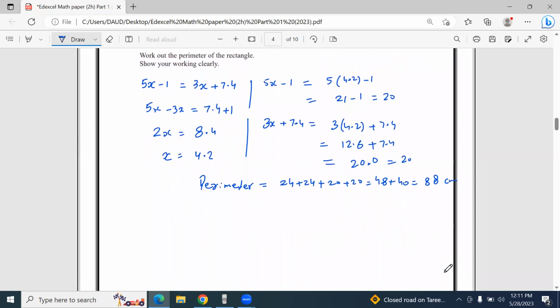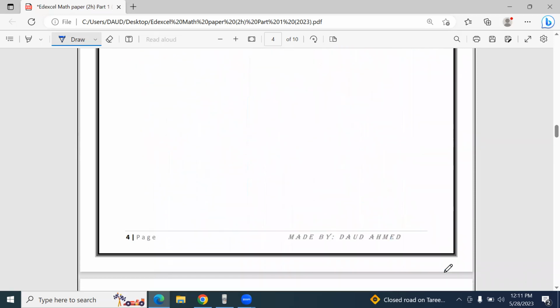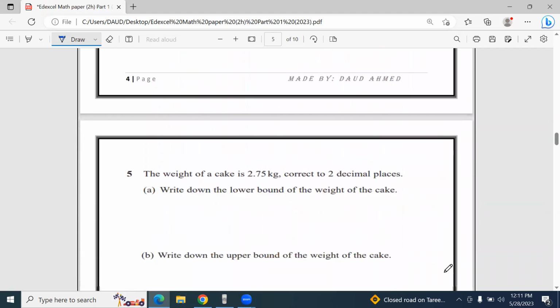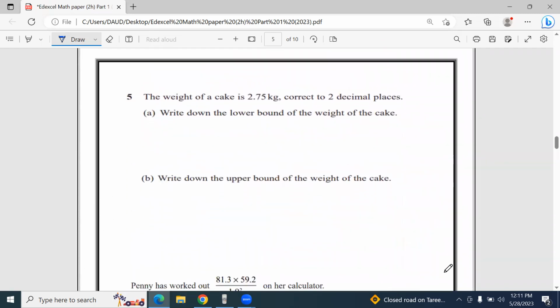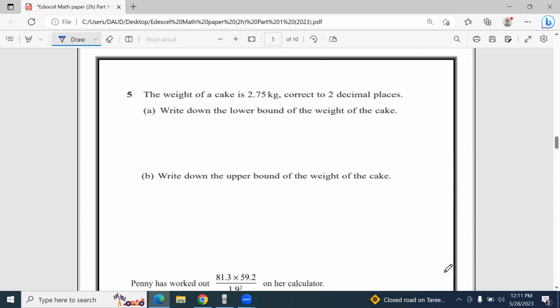Next question. The weight of a cake is 2.75 kg correct to two decimal places. So remember that correct to two decimal places is 0.01, and write down the lower bound of the weight of the cake.